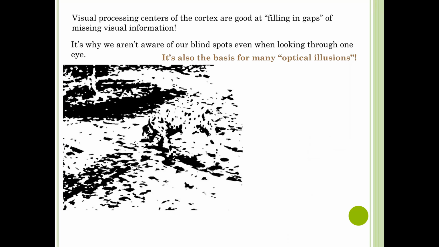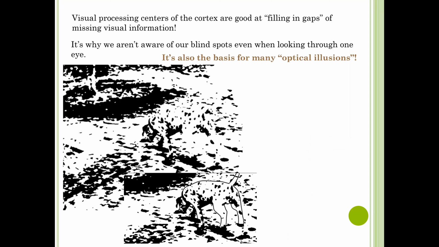For example, most people can see the Dalmatian that is walking along sniffing the ground in this image without having to be shown it or to see the outline. If you can't see it, there is an outline there for you to see, but the brain automatically takes this pattern of light and dark and fills in the missing information to make it into a picture.